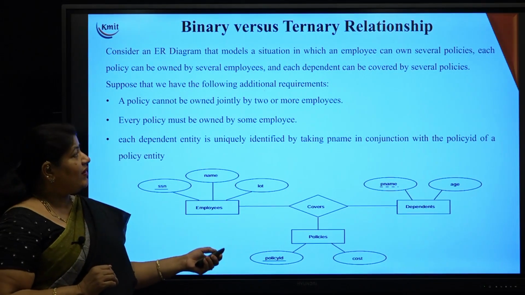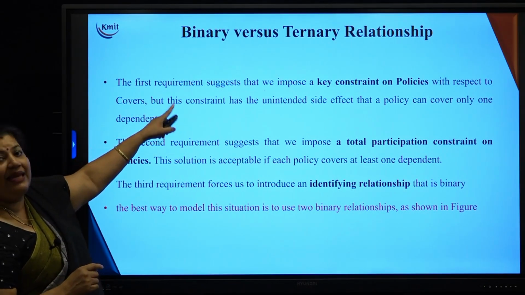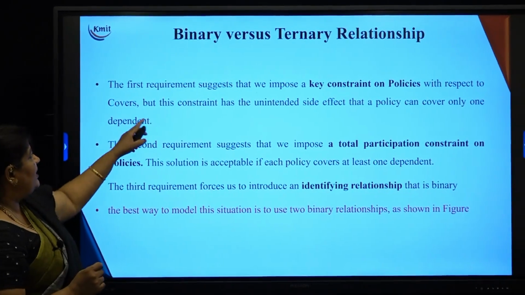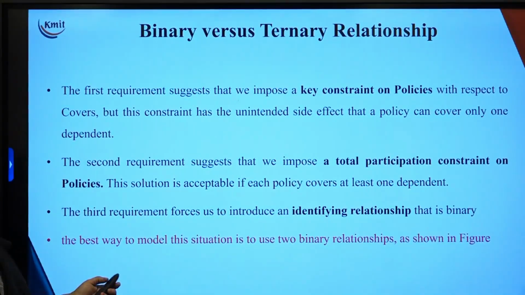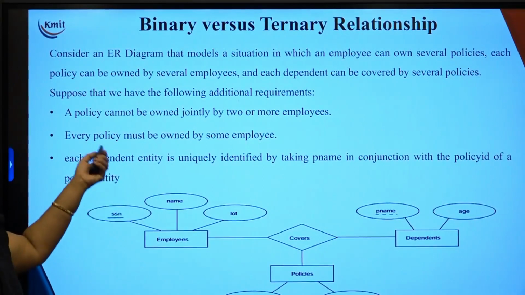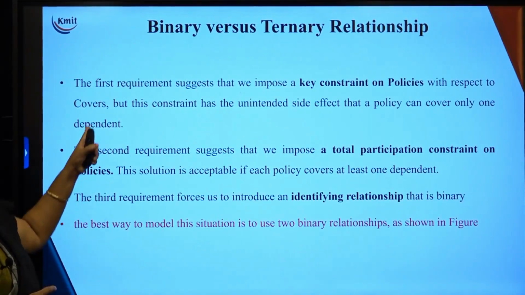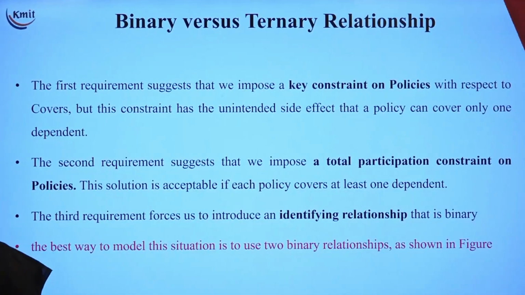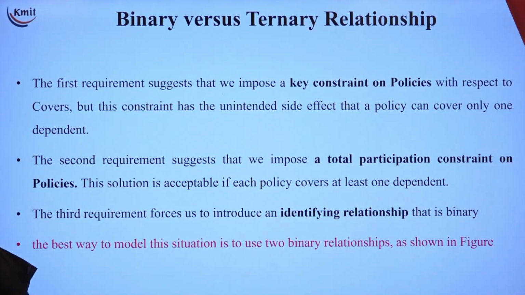So, now what is the solution for this? The first constraint can be implemented by adding a key constraint on policies with respect to covers, because the first condition says it cannot be jointly owned. Next, the second requirement suggests we impose a total participation of policy, because we say each policy must be held by at least one employee.